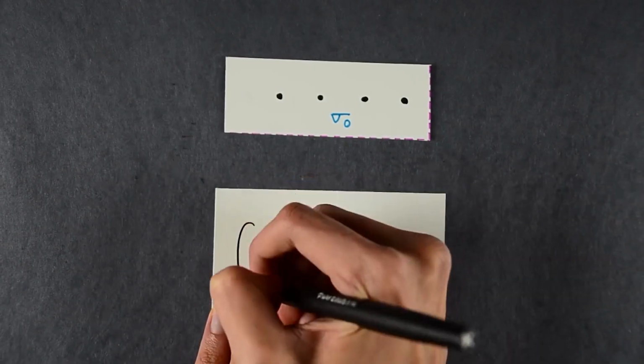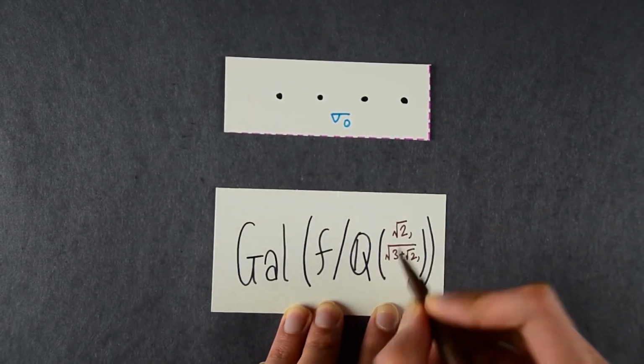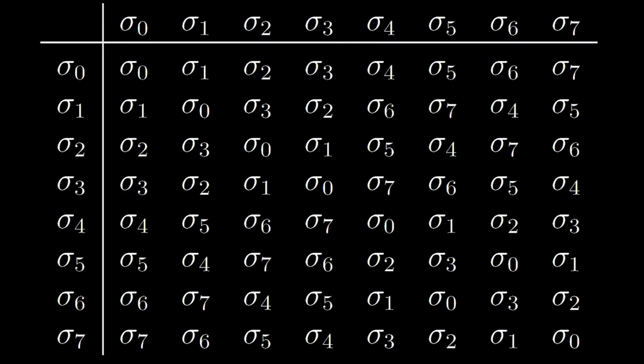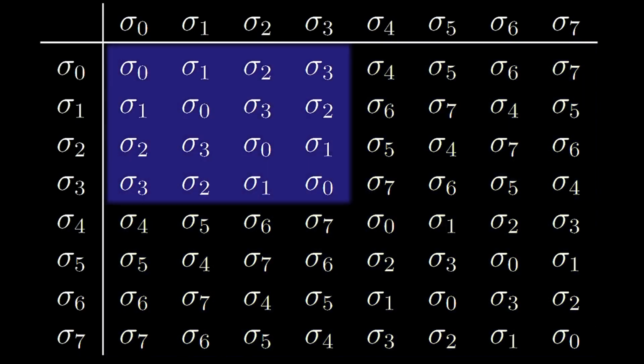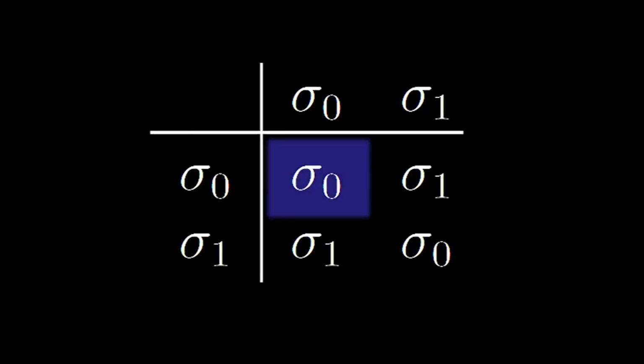This is called the Galois group of f over the field Q adjoin root 2, root 3 plus root 2, root 3 minus root 2. In the group table, we started here, then got to here, then here, and then just one element.